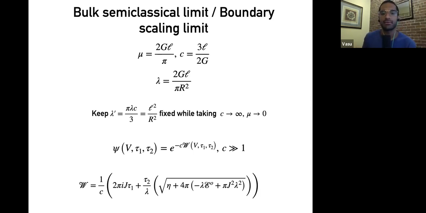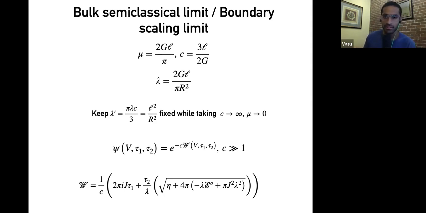And what I find is, from knowing the form of the deformed energy levels, I can easily infer the form of the action on shell, or Hamilton's principal functional, which is the exponent in the WKB wave function. And it takes the following form.